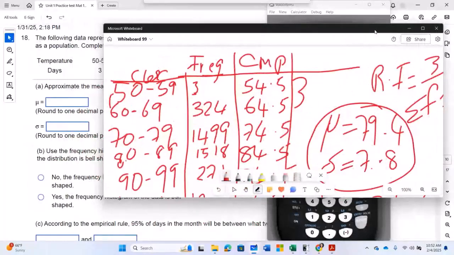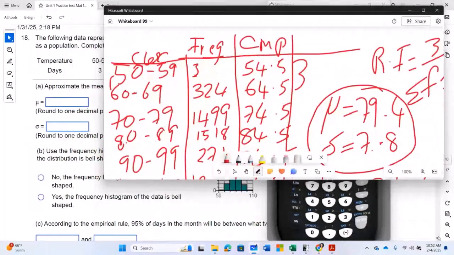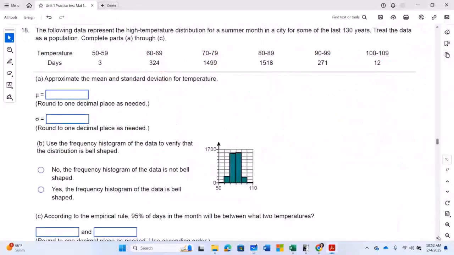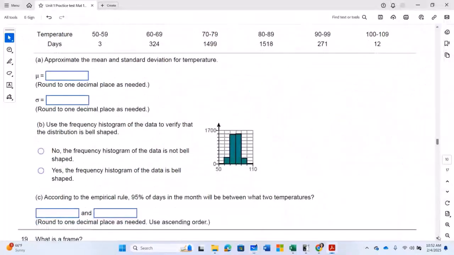We want to remember that 95% of data lie within 2 standard deviations. So this point here is mu.